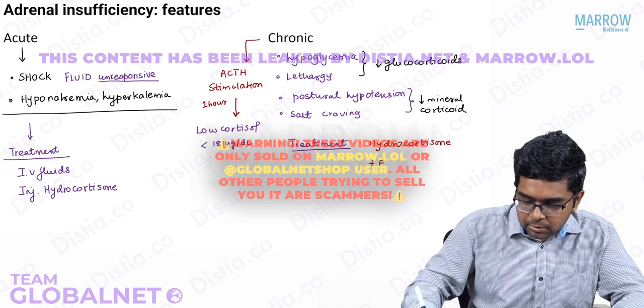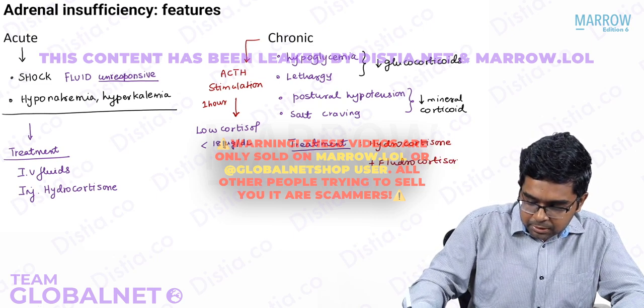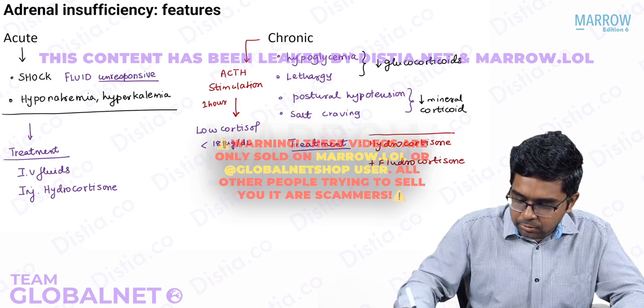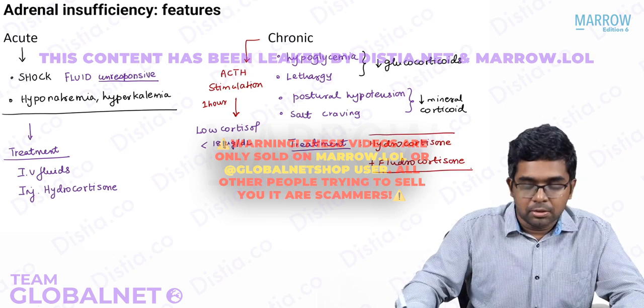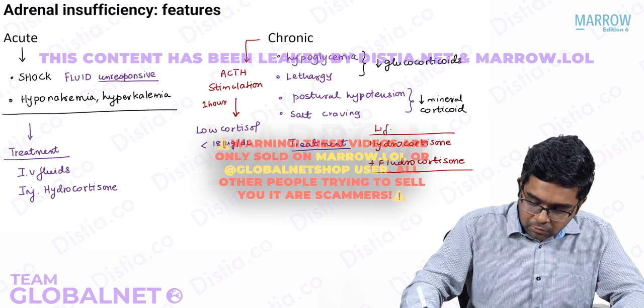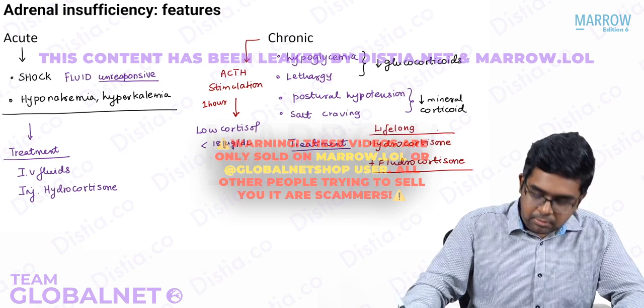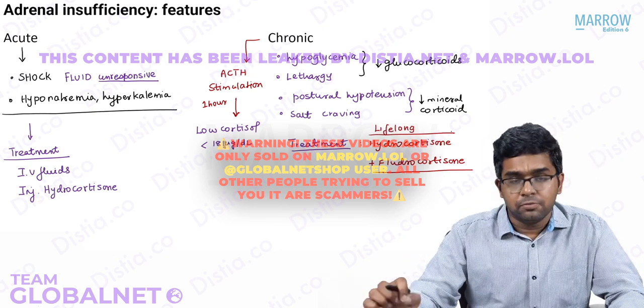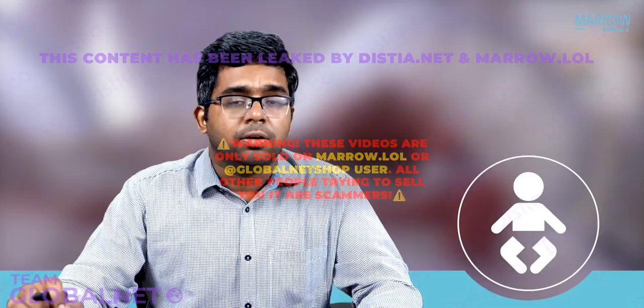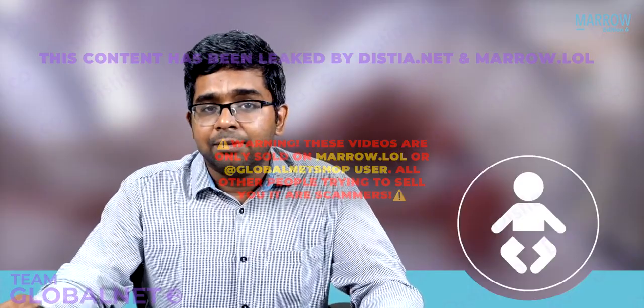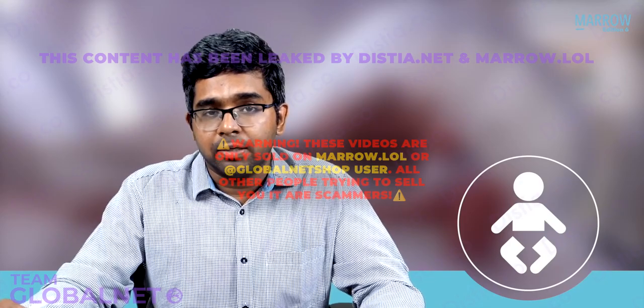So hydrocortisone plus fludrocortisone would be the management in these patients. And remember, if it is going to be an autoimmune disorder, you have to give a lifelong treatment with hydrocortisone and fludrocortisone.